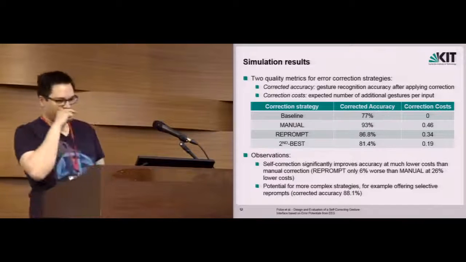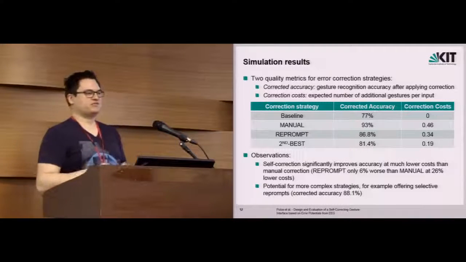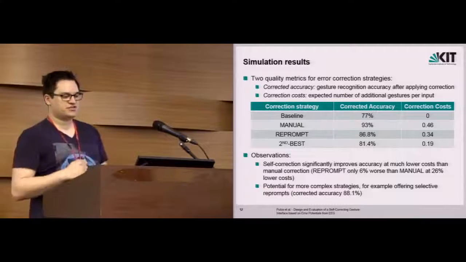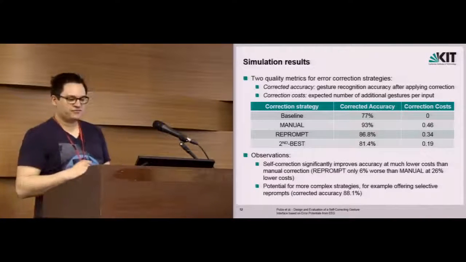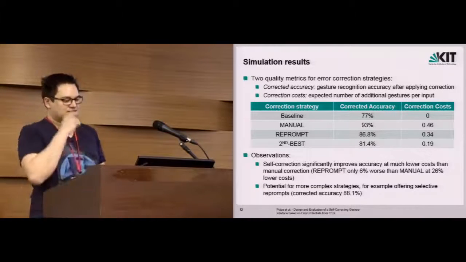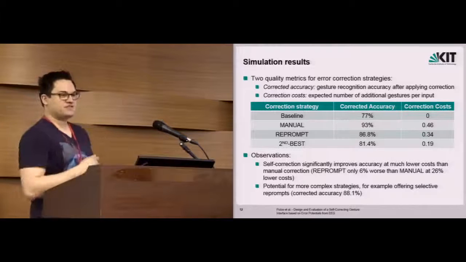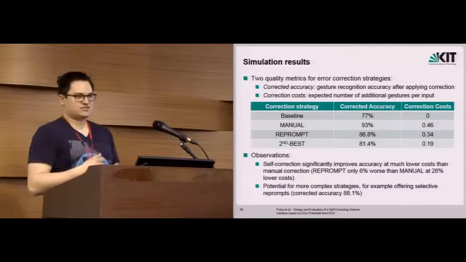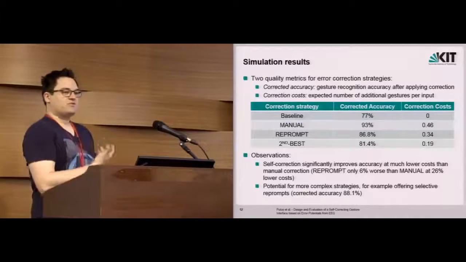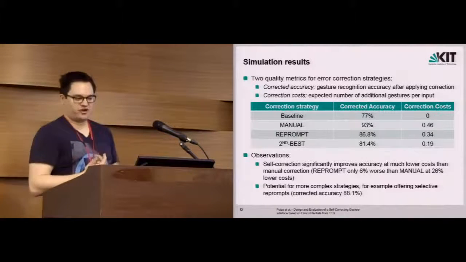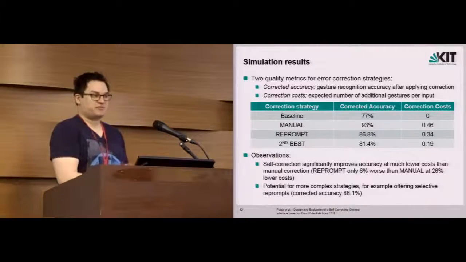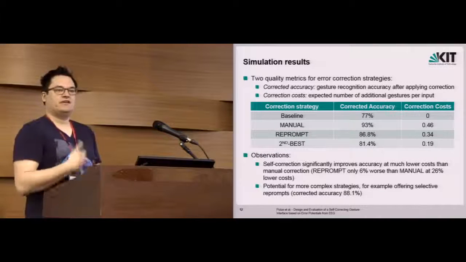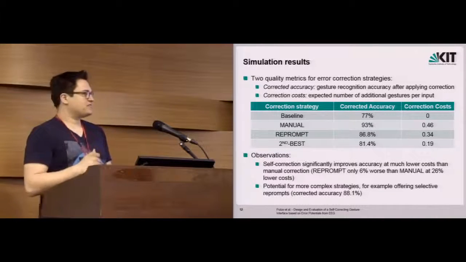In the table, you see those results from the simulation for the different strategies. And what we observe is that the self-correction significantly improves the accuracy above the baseline, which does no correction, but at much lower costs than the manual correction, which is of course still a little bit better because it doesn't need to rely on the error potential detection, which makes its own errors.